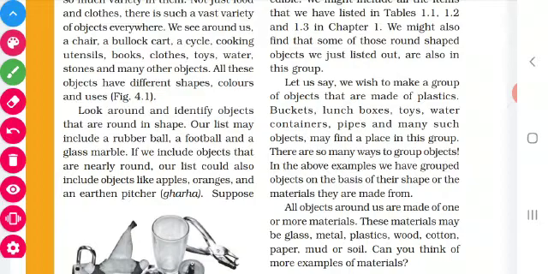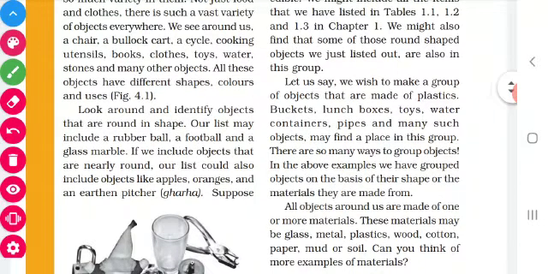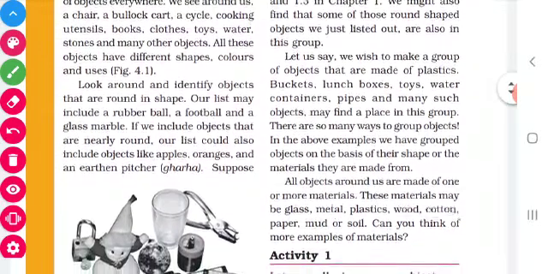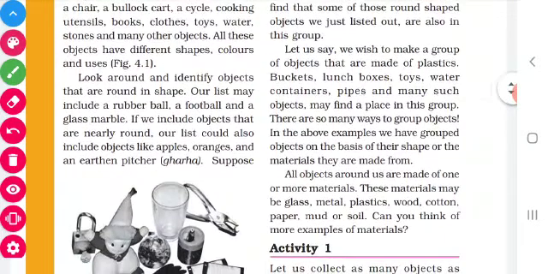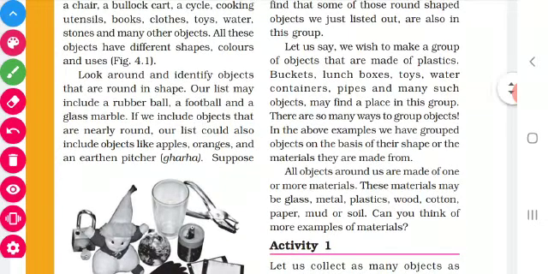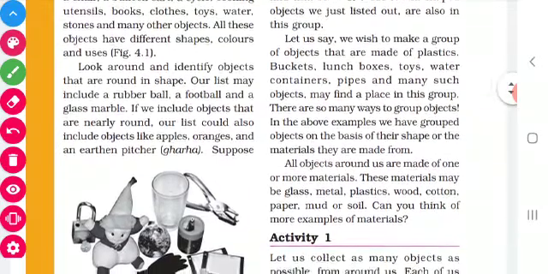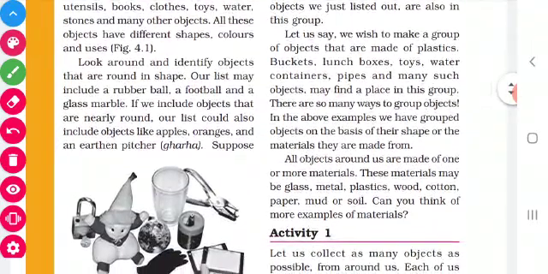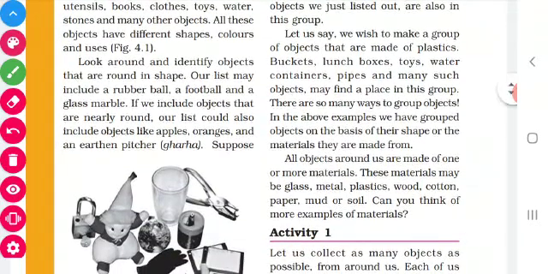Now you look around yourself and identify some objects. Among those objects, identify which are round in shape. There are a large number of objects around you. You can say a rubber ball, or a football, or anything, isn't it?